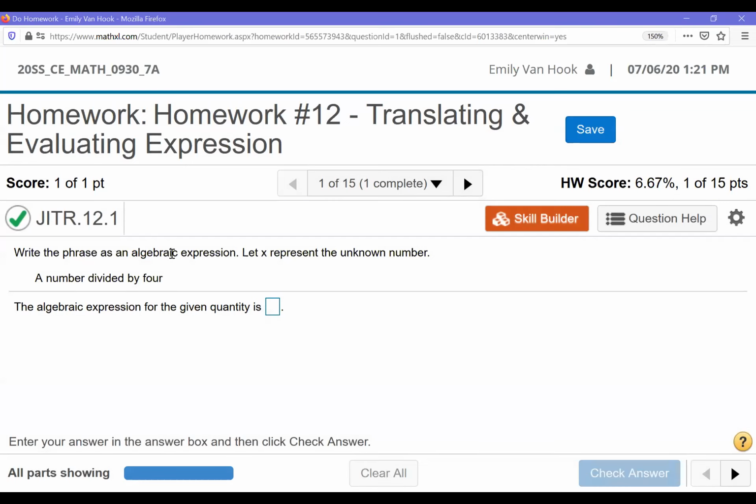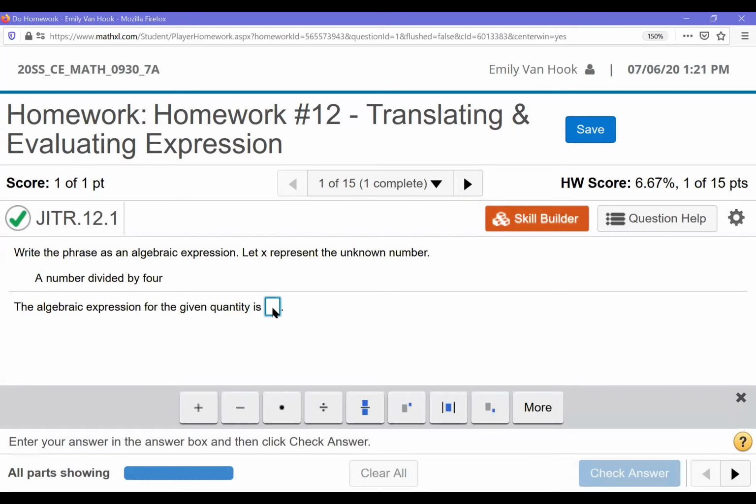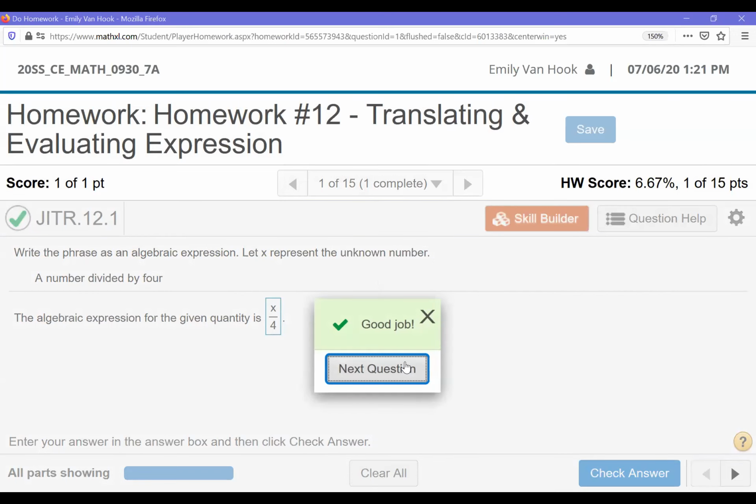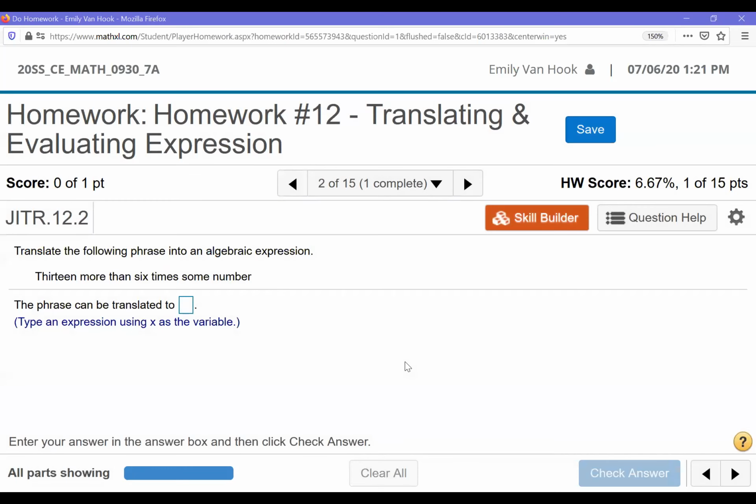So the question just regenerated. Now it says a number divided by 4. Instead of using the division symbol like I did before, now I'll use the fraction button here, with the 2 blue boxes. So x can be in the numerator, and then 4 in the denominator. So a number divided by 4, I could write it as x over 4 as a fraction. All right, that's number 1.